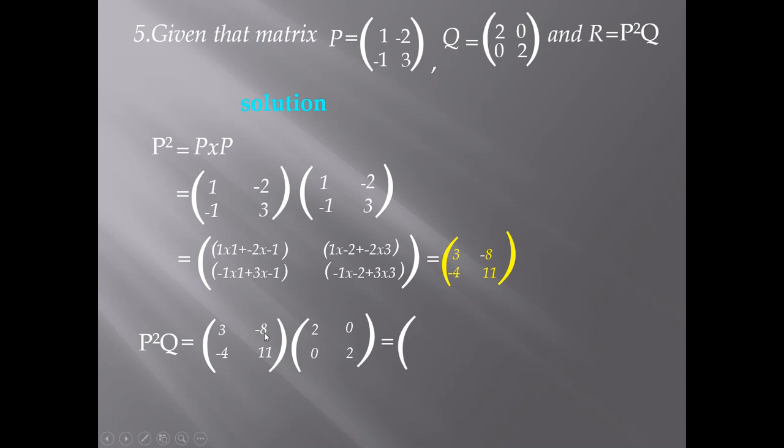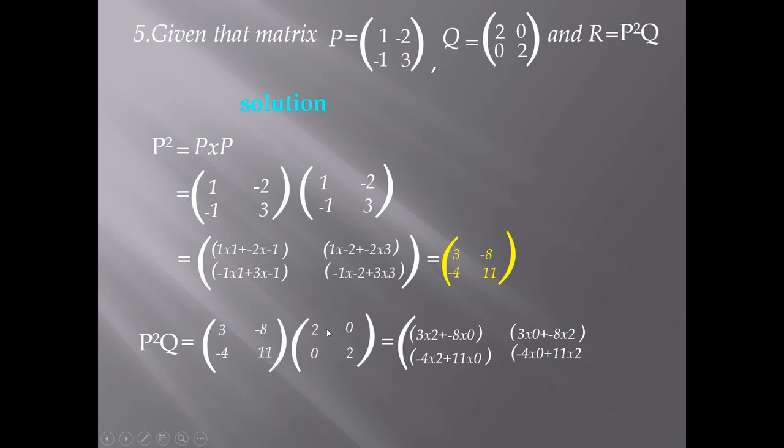So 3 times 2 plus negative 8 times 0. Then negative 4 times 2 and then 11 times 0. We proceed to this now. 3 times 0, negative 8 times 2.